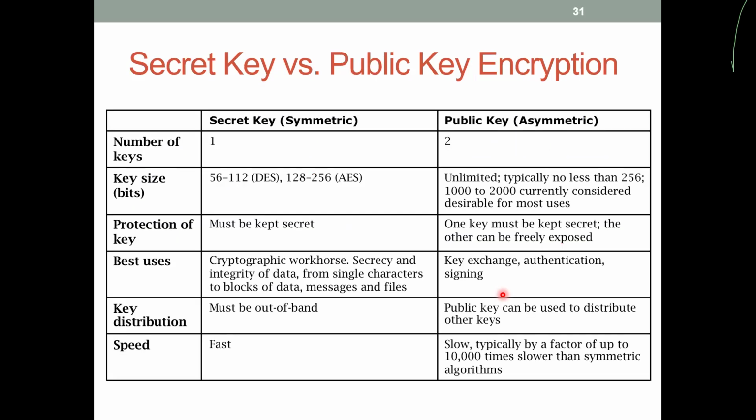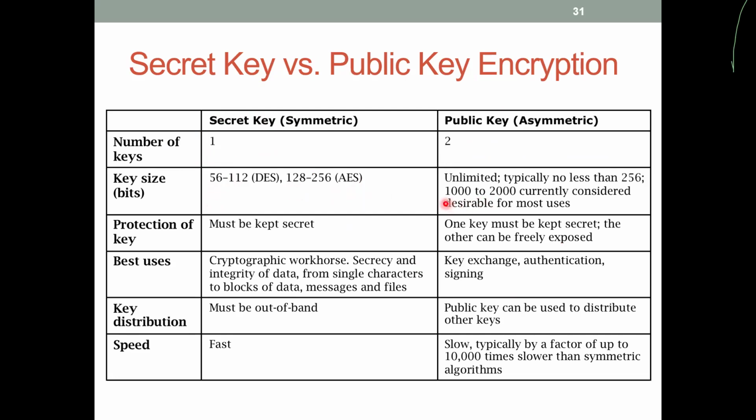So this is the comparison of public key and private key encryption. Private key encryption means symmetric key encryption. Public key encryption means asymmetric encryption. The number of keys: symmetric involves only one, here two keys. The key size: 64 to 112 bits for the Data Encryption Standard, DES algorithm, AES 128 to 256.